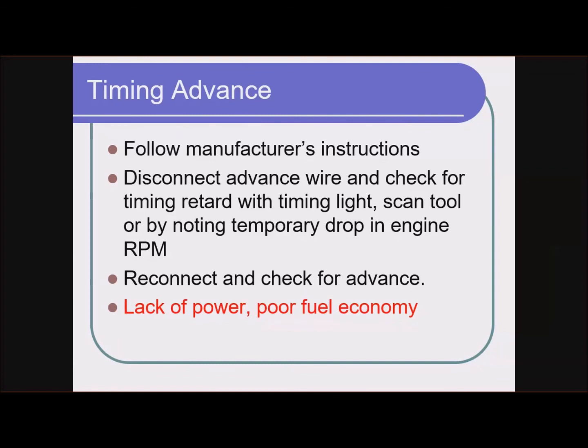So if you have an engine that's exhibiting both of those symptoms, but otherwise running smoothly, we're not misfiring, stumbling, anything like that, there may be a problem with ignition timing. And depending on the vehicle, diagnosing that would be radically different. Most modern vehicles are completely controlled by the PCM, and there isn't really any way to test it.